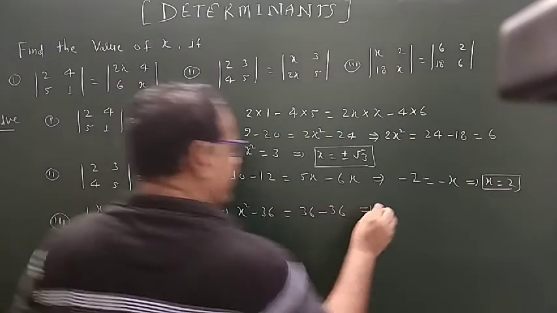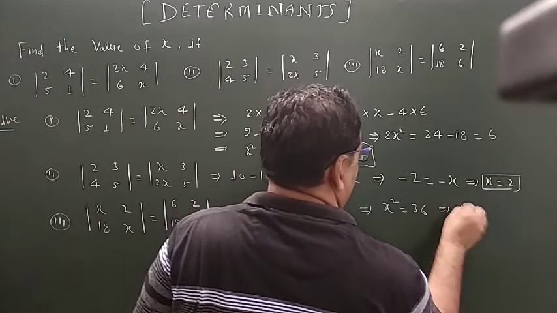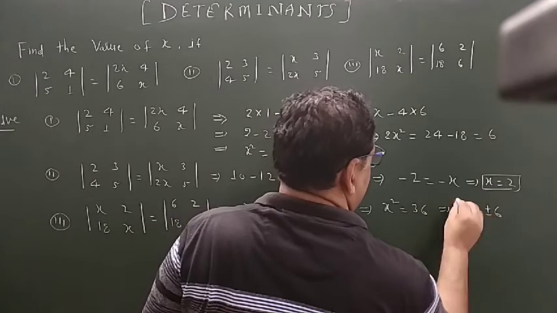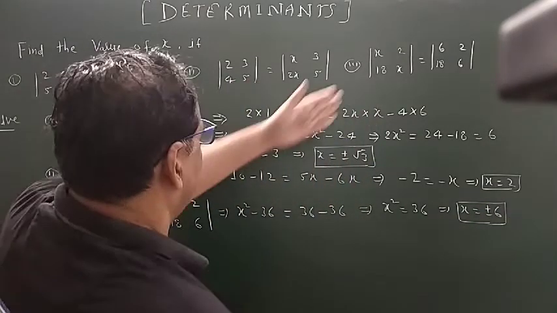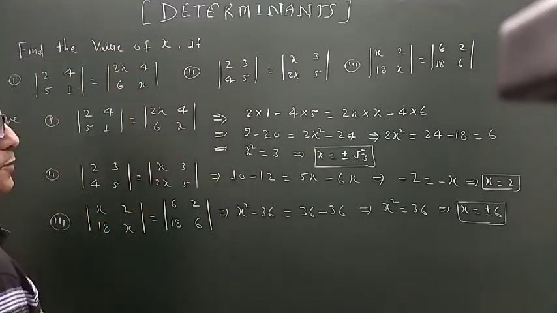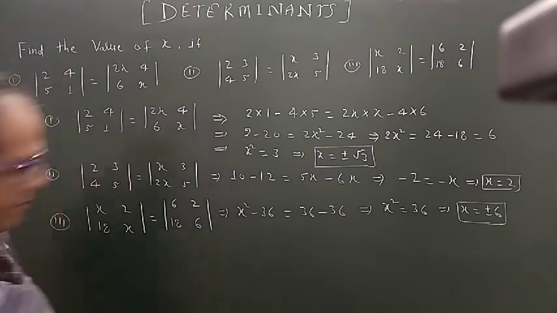So now we have x square equal to 36, so x equal to plus minus 6. So this is the value of the unknown x in the expansion of the determinant in part 3.